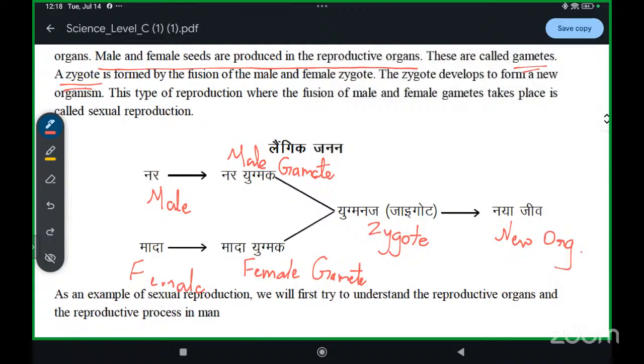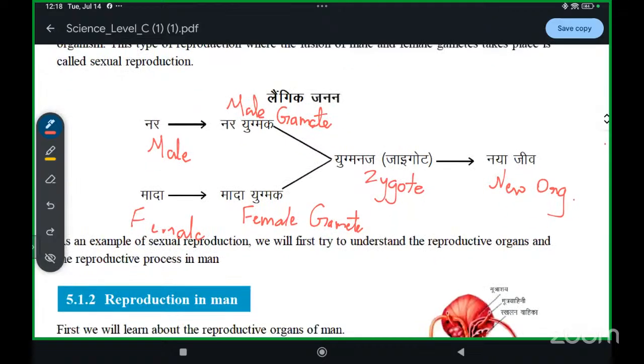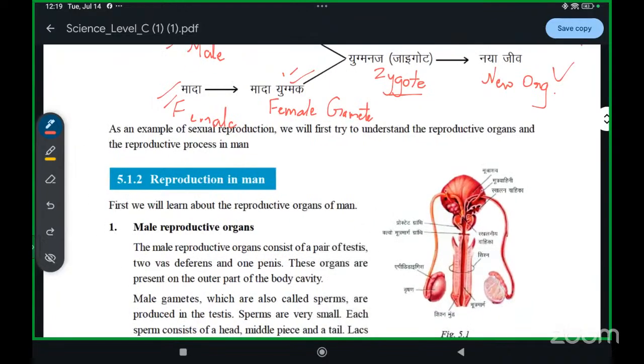Therefore, we can represent sexual reproduction through this cycle: the male produces male gametes and the female produces female gametes. When they both merge, they form something called a zygote, which develops into a new organism. This cycle is known as sexual reproduction.